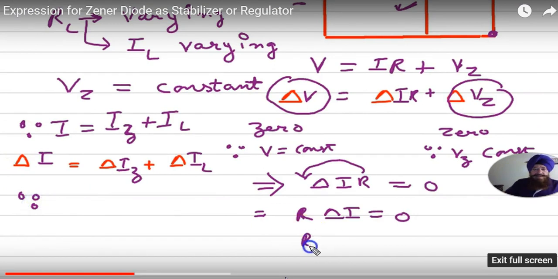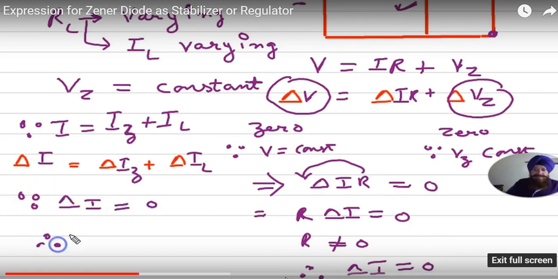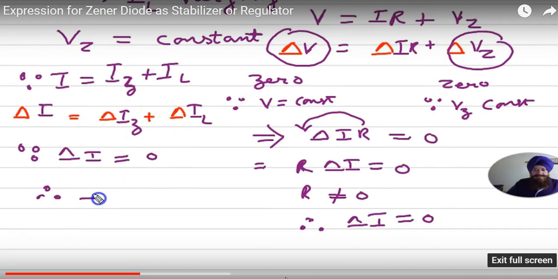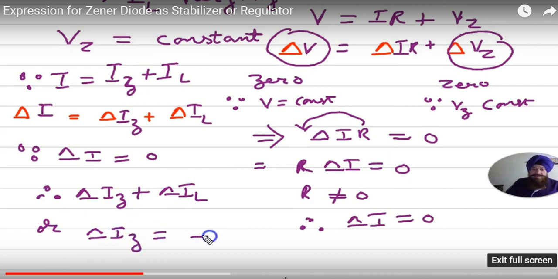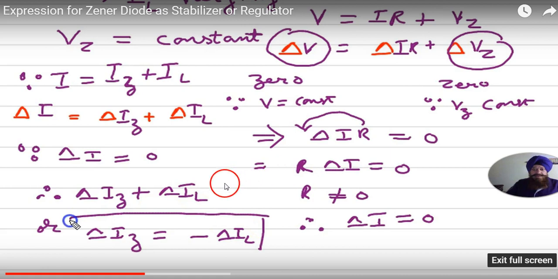Now delta I equals 0, since R cannot be equal to 0. Delta I equals 0 implies delta IZ plus delta IL equals 0. It implies delta IZ equals minus delta IL.